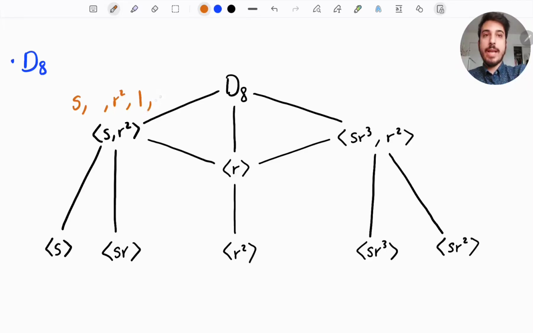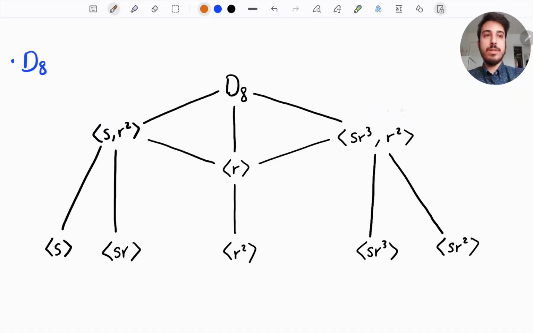And we have also SR2 and R2S, but R2S is SR to the minus 2, which is SR2. So all of this is the same. So these are the elements in SR2. That is just an example of how you list the subgroup generated by these two elements.